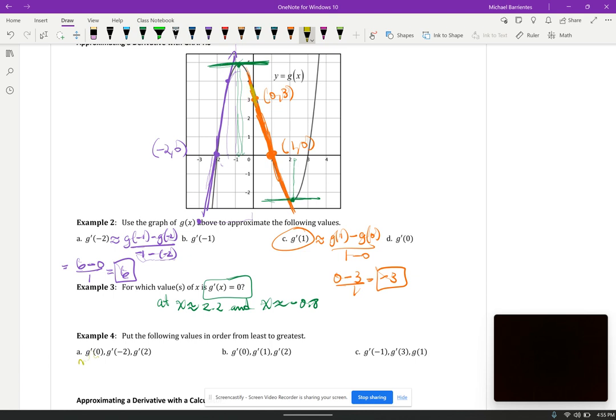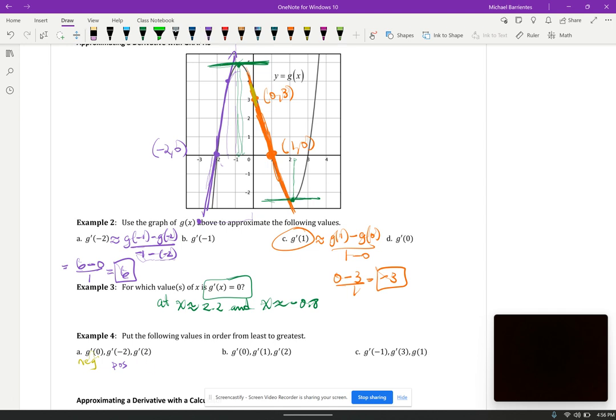Well, I know that that's negative. G prime of negative 2, that's the one we found before. And I know that that's positive. And then g prime of 2, well, that's kind of close to 0. However, it is negative. So I'm going to say negative.